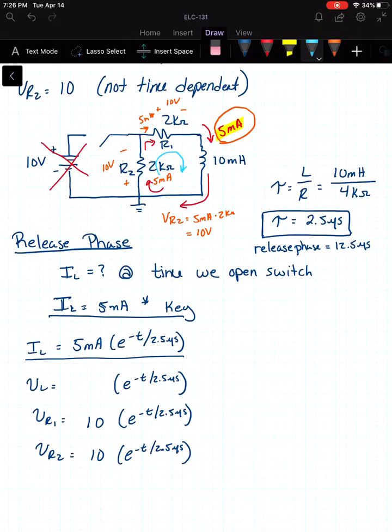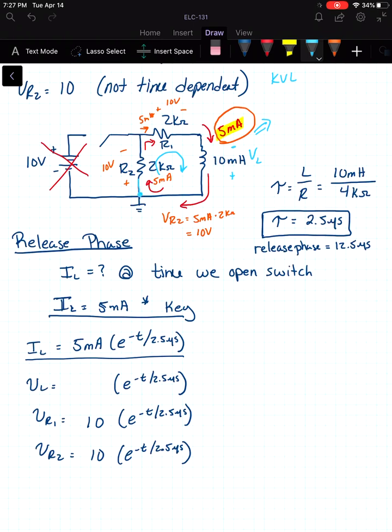Remember, Kirchhoff's voltage law says if we sum the voltage rises minus the voltage drops around a closed loop, we get 0. So since my inductor here is acting like a voltage source, we're going to give it a polarity, call that V sub L, and then figure out our Kirchhoff's voltage law equation.